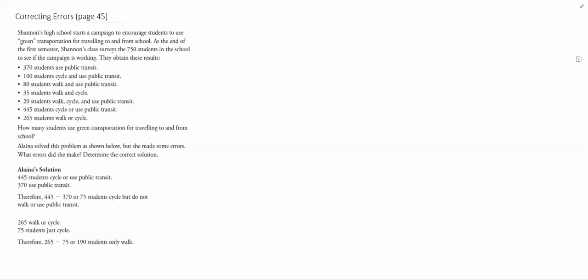They have 370 students who use public transit, 100 who cycle and use public transit, 80 who walk and use public transit, 35 who walk and cycle, 20 students who walk, cycle, and use public transit, 445 students who cycle or use public transit, and 265 students who walk or cycle.